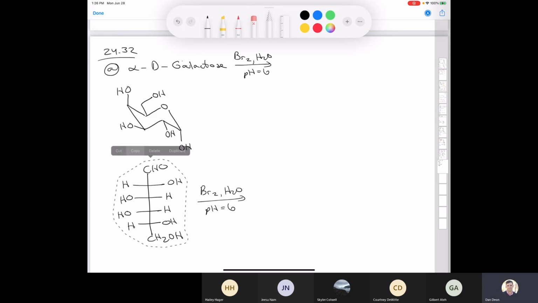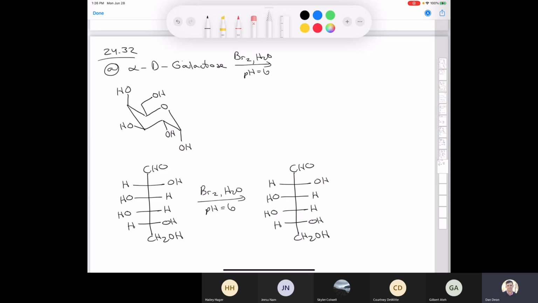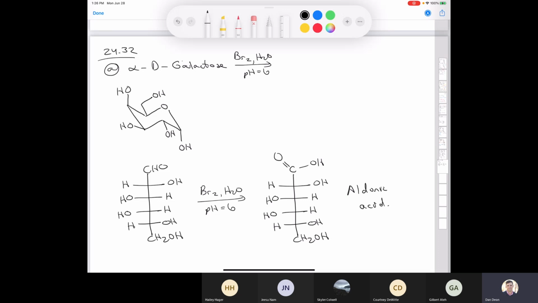Here we go. And here's our aldonic acid. So we'll just put our carbonyl. There, we made an aldonic acid.